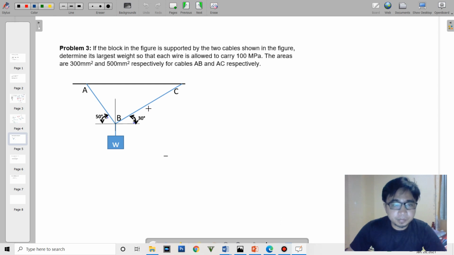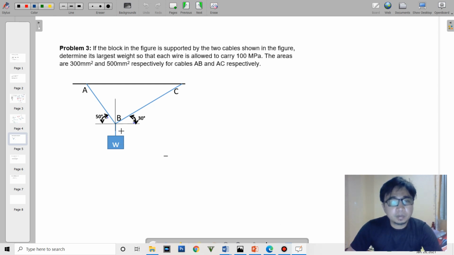So remember that these two cables will fail simultaneously. Unlike in the second problem, where they were just equal, this time the values for AB and BC will no longer be equal because this is not a symmetrical configuration.